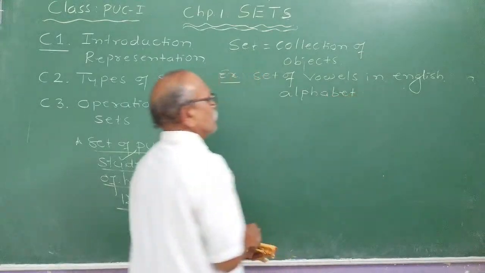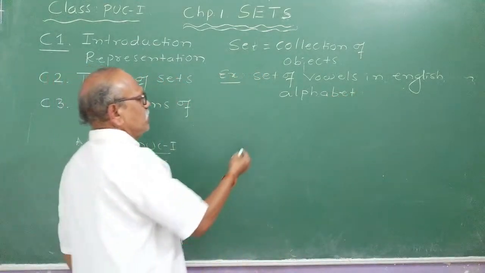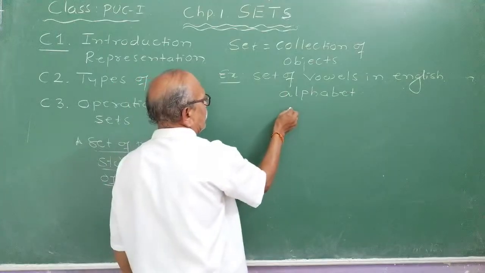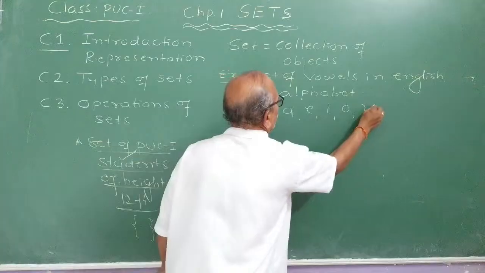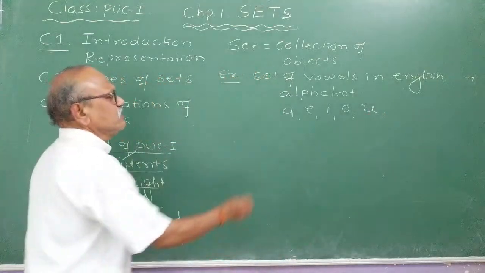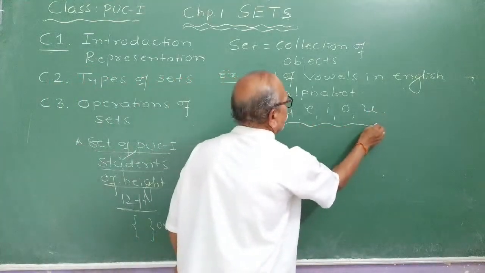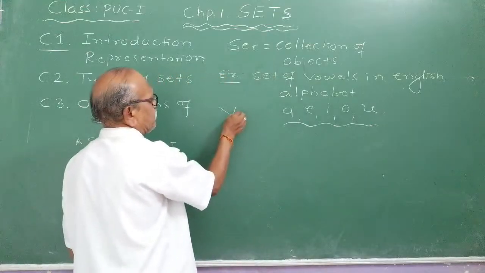Yes, it is well defined. You can write that the set is A, E, I, O, U. These are the elements of the set. It is well defined. Yes, it is a set.